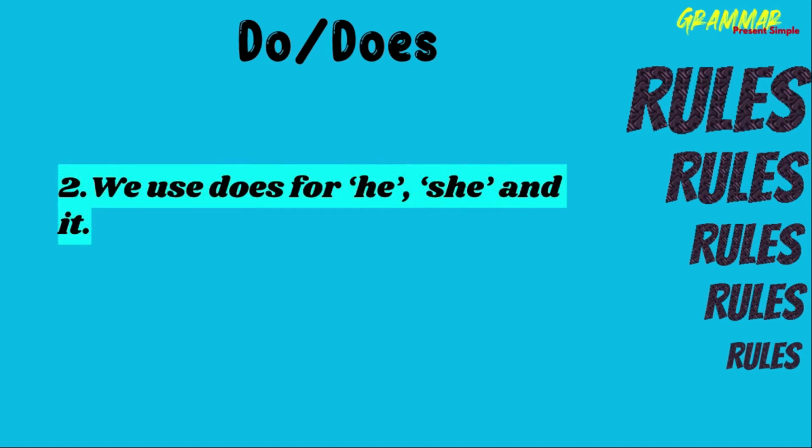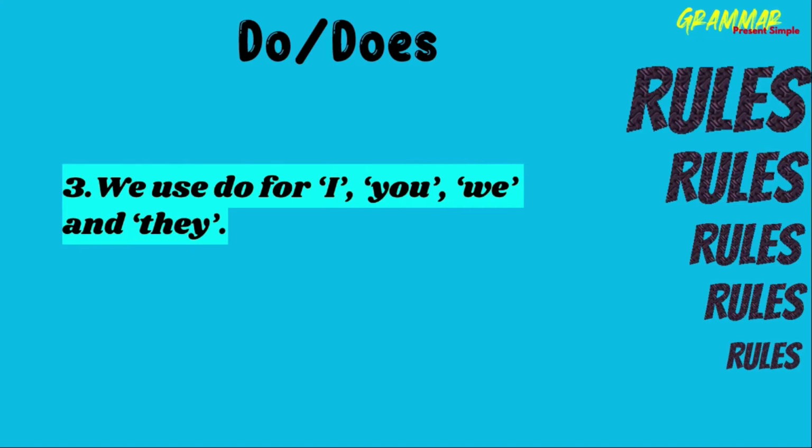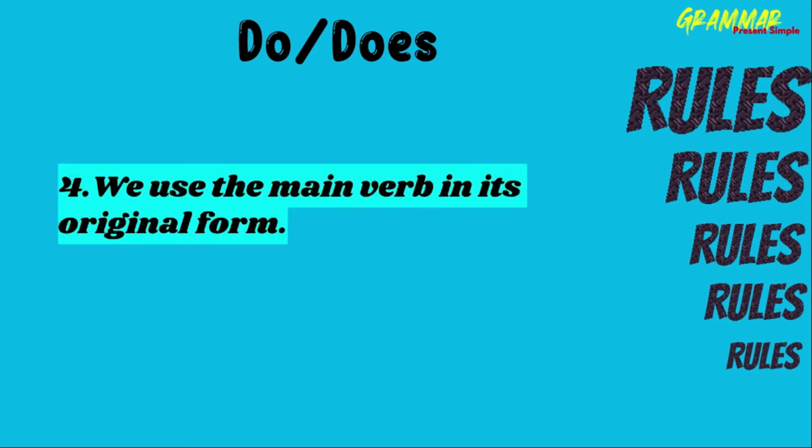Number 2, we use does for he, she, and it. Number 3, we use do for I, you, we, and they. And number 4, we use the main verb in its original form, meaning the base form.